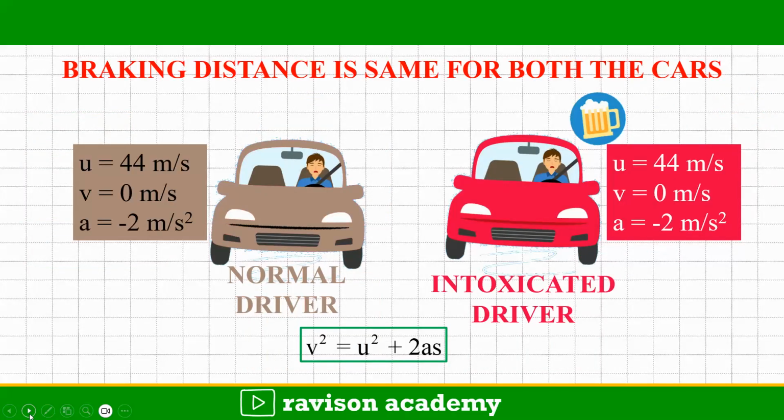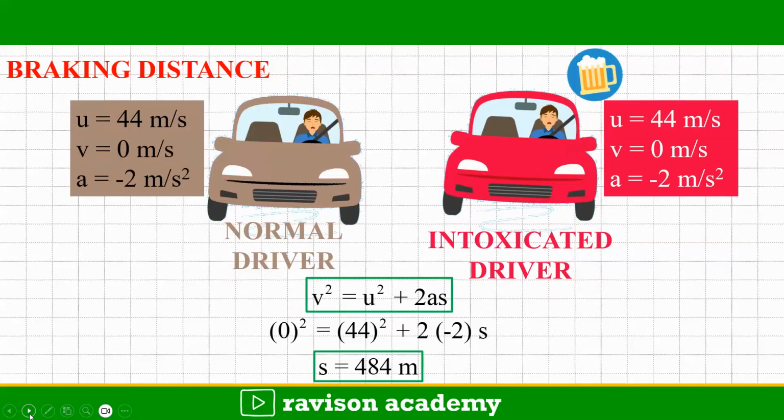Both vehicles travel at 44 meters per second and the final velocity is 0. Substituting, the distance traveled is calculated as 484 meters.